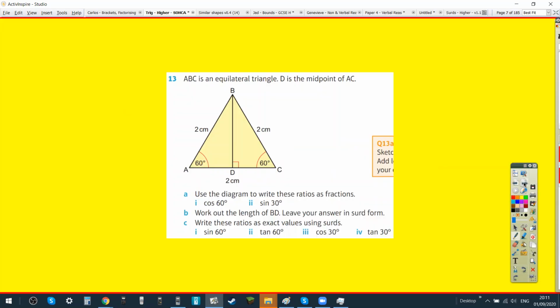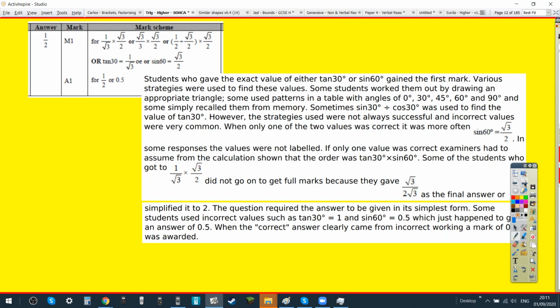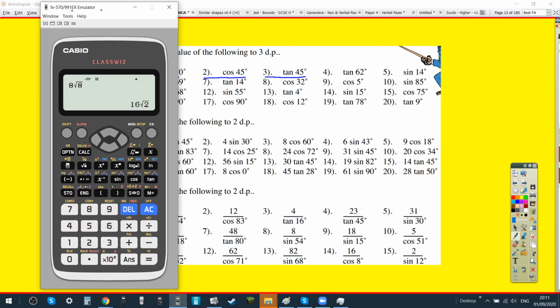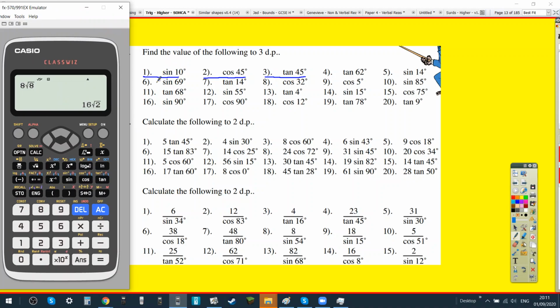This stuff, we'll do this some other time. It's a bit weird. Yeah, this one. Okay, calculator. Try putting into your calculator questions 1, 2, and 3. So calculator, sine of 10. So it's this one here. You have your sine, cosine, and tan.